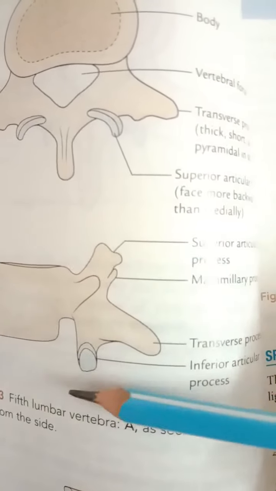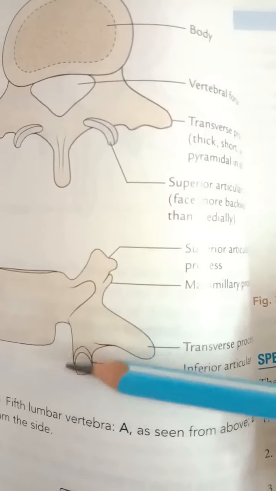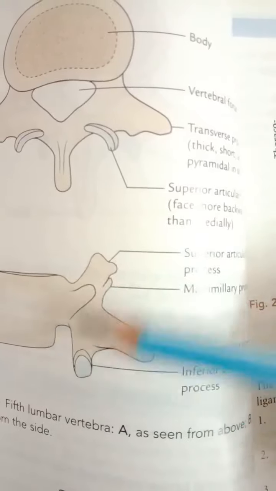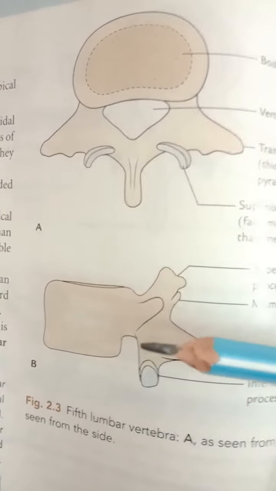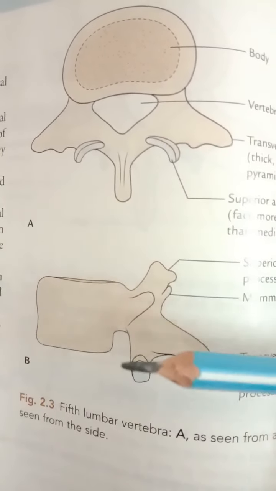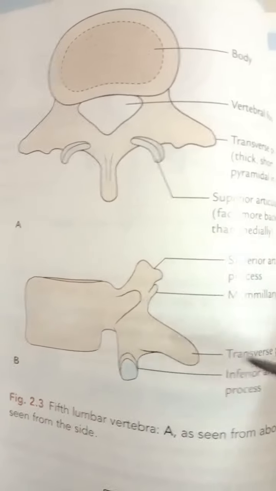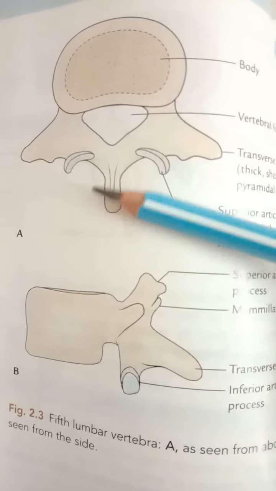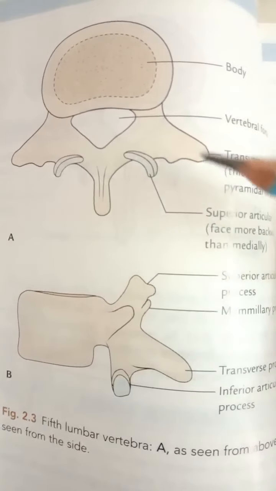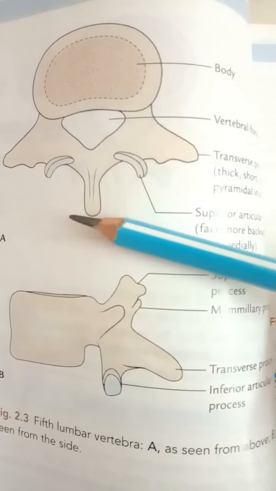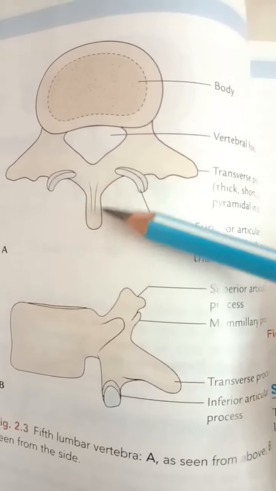The distance between the inferior articular processes is equal to or more than that of the superior articular processes. In the typical vertebra, the distance between the superior articular processes is more than the inferior articular processes. So that is the difference. Then the spinous process or the spine: it is small, short and rounded at the tip. So here.